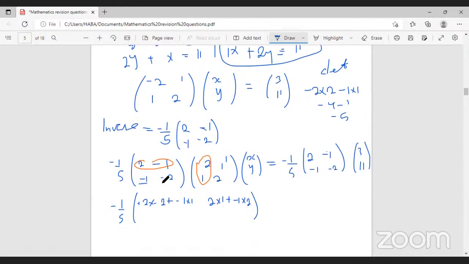Then we come to this other one, still do the same: -1 times 2 times -2. This one here is a negative. Let me first rub off something here and then you see it's a negative. So this is negative.